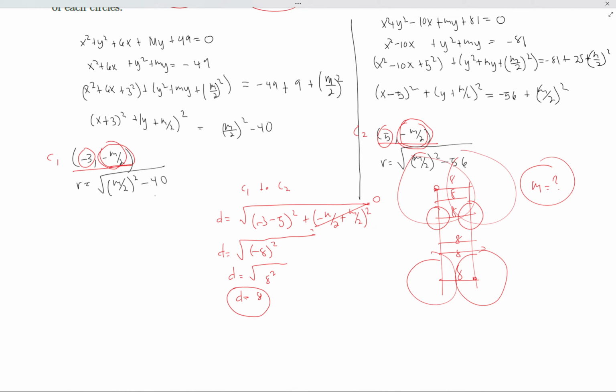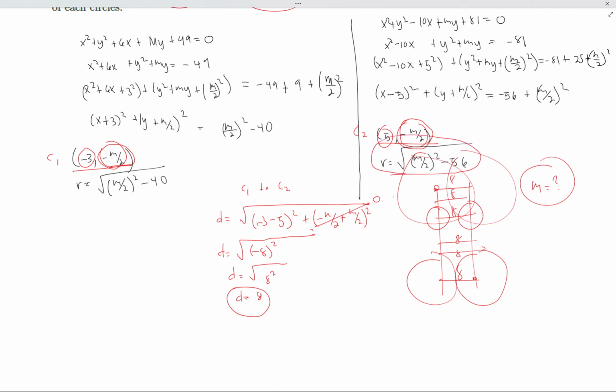In this case, I believe it's the radius with the minus 56 that will be invalid first. Notice that the subtraction here is a lot larger than minus 40 on the other side. So this will approach an invalid value faster based on the value of m.